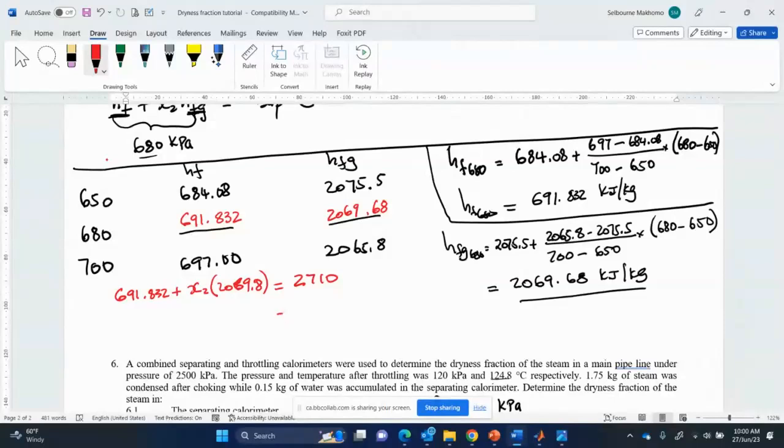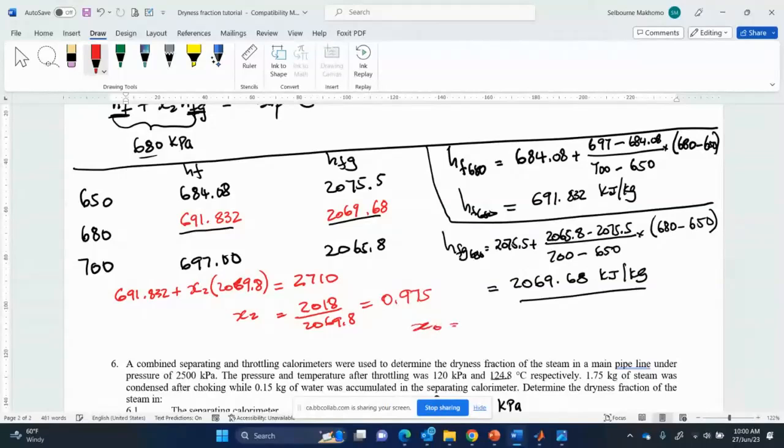So it's 2018 divided by 2069.8, and the answer is 0.975. That is our X2.